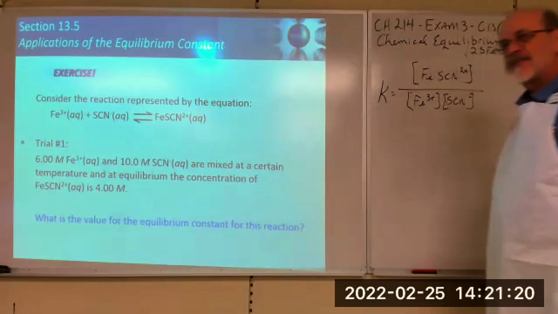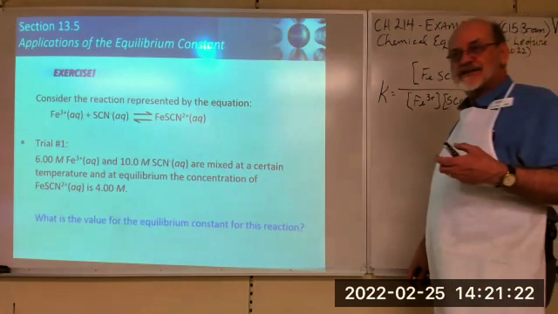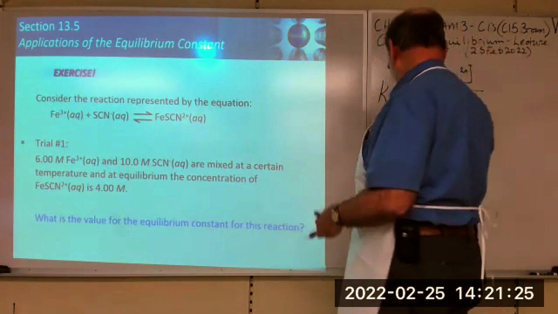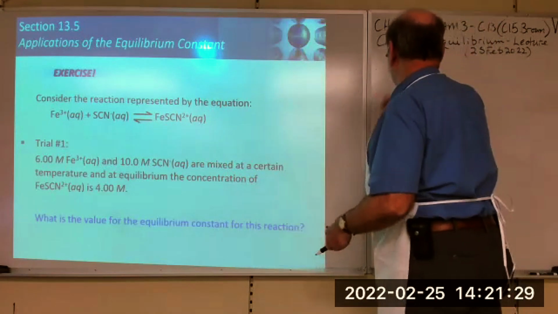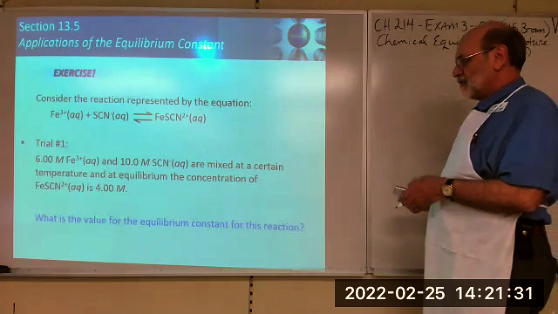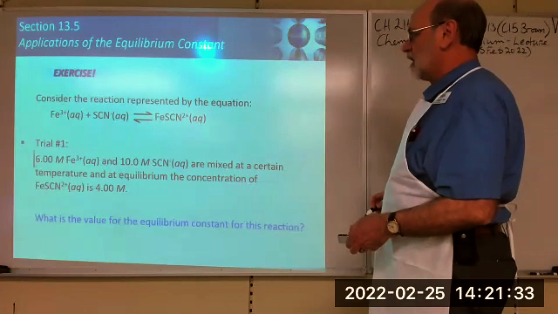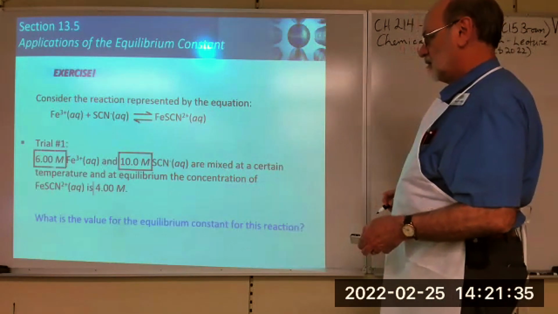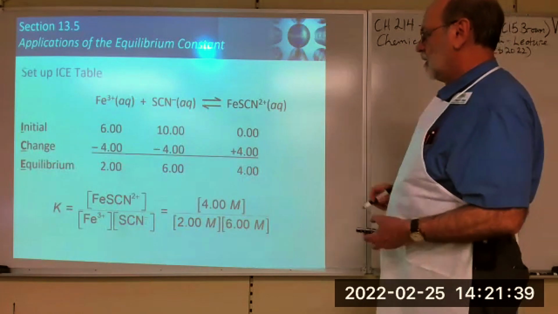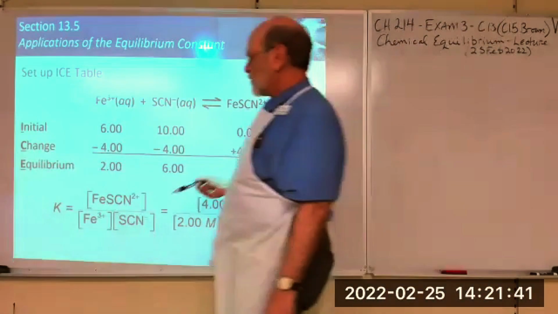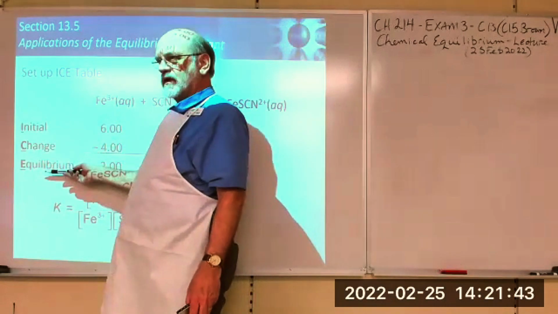So the method that's developed for this is called the ICE table. And we say ICE because, let me see, it's on the next slide. Here we go. ICE refers to initial, change, equilibrium.